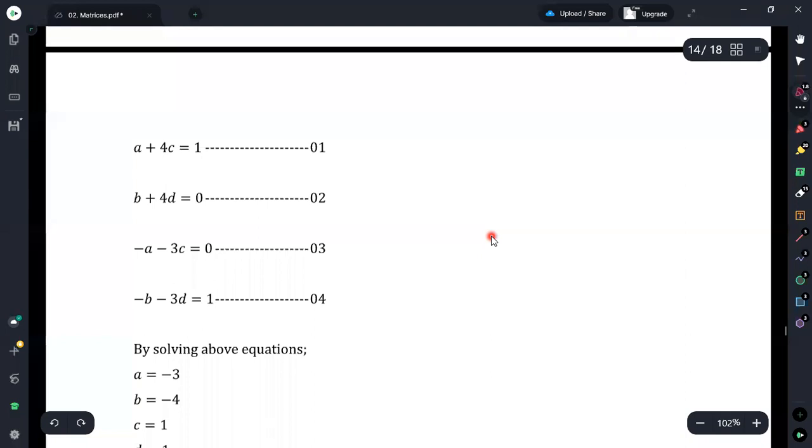We need to use 4 linear simultaneous equations because we have 4 unknown constants.